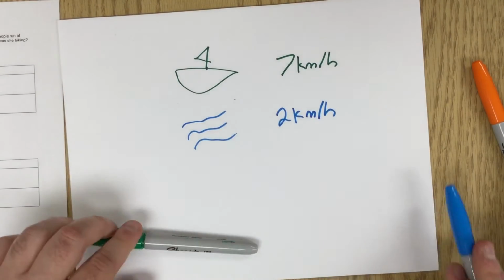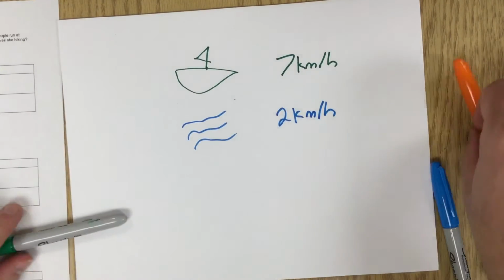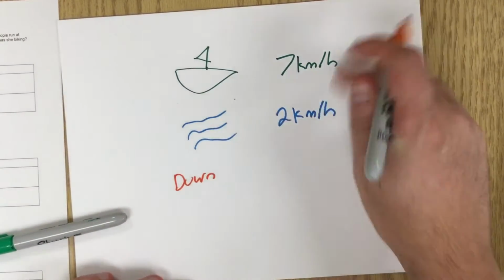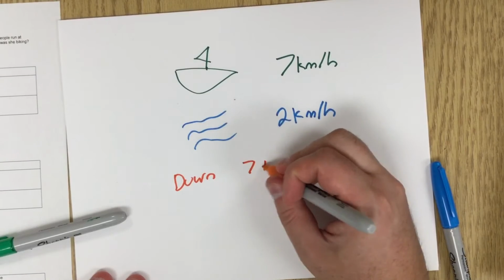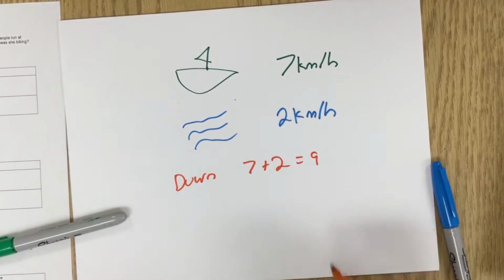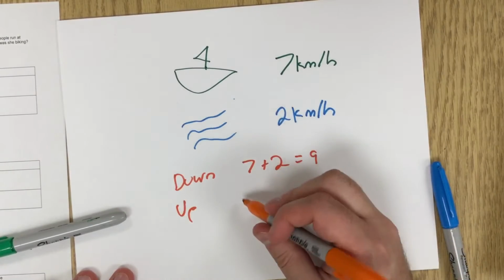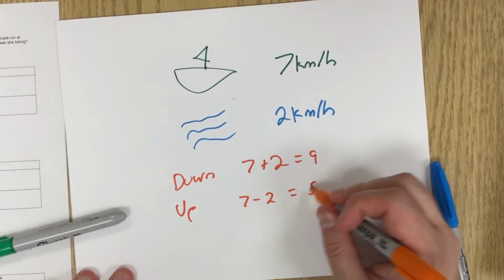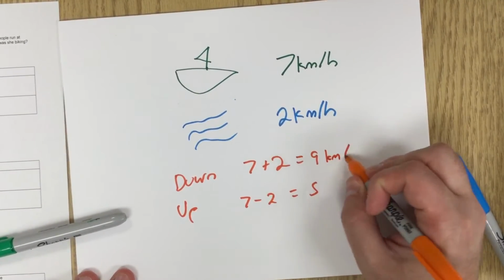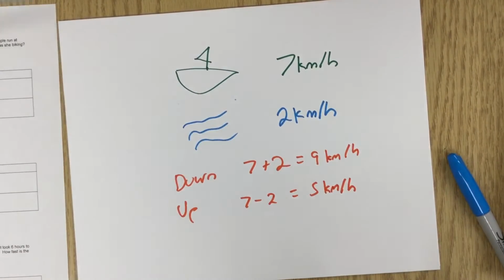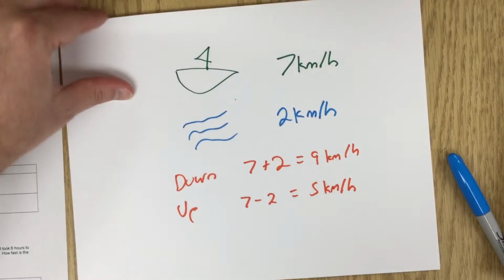So when you're going downstream, when you're going with the water, the actual speed is going to be 7 plus 2, which is 9. If you're going upstream, of course now you're going against the water, it's going to be 7 minus 2, which is 5 kilometers an hour. So that's what's going on here. We have a boat going downstream, we have a boat going upstream, and we're going to have different times.